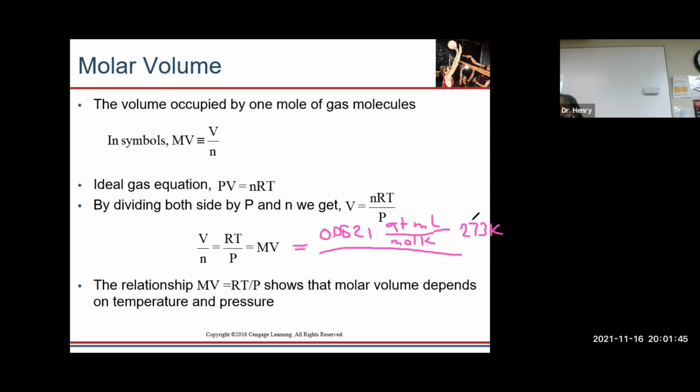So how do I convert a bar to atm? 1 atm equals 1.013 bars.